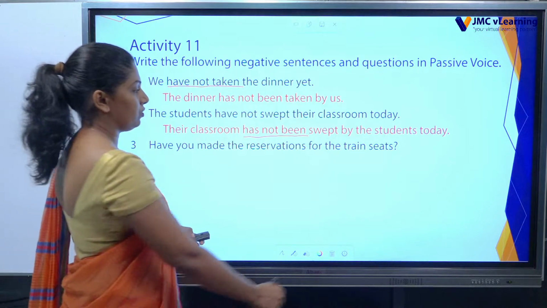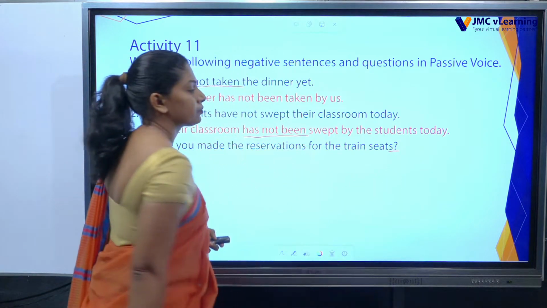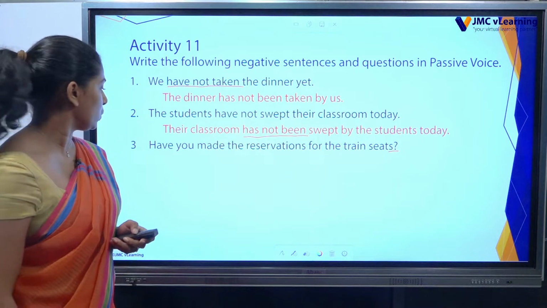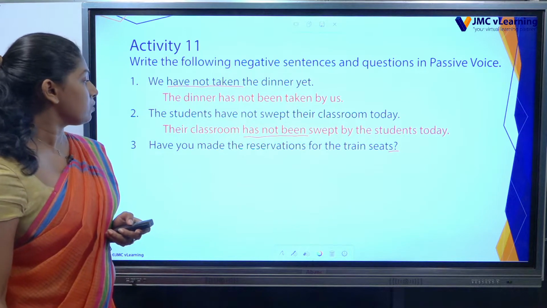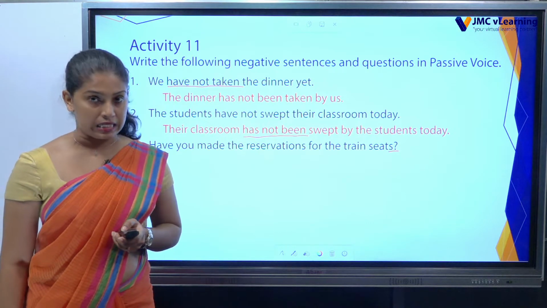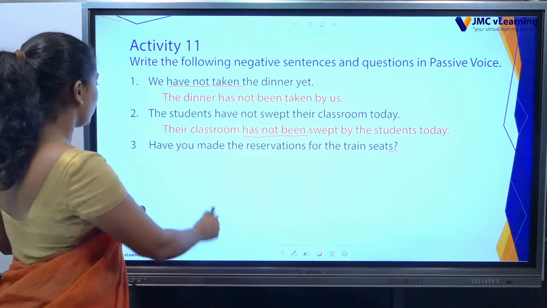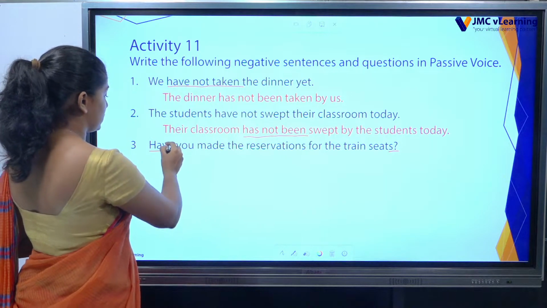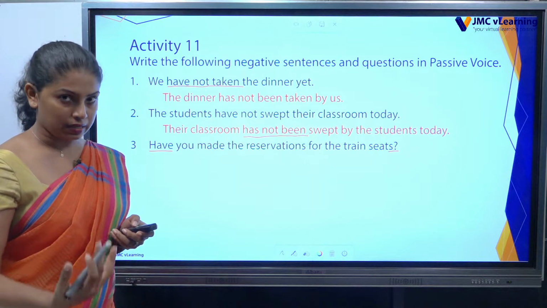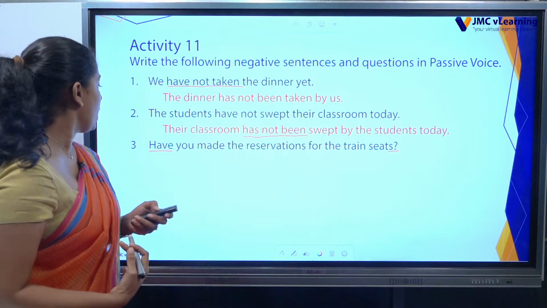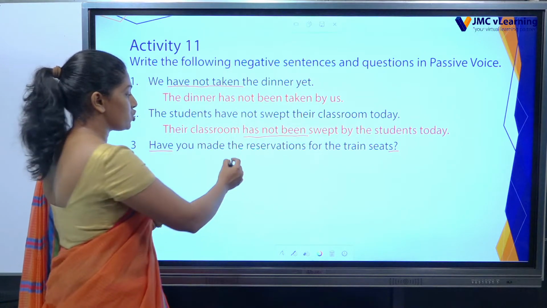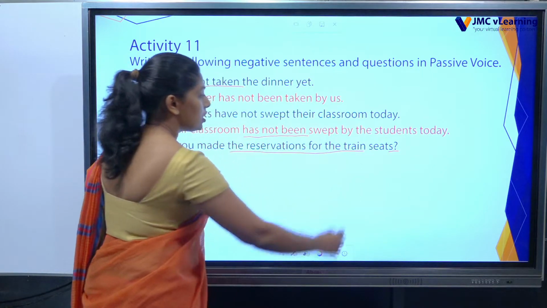Now this one, we can see a question. So, have you made the reservation for the train seats? Have you made? So, here we have to take has or have first, even though it is active voice. Have you made the reservation? The reservation for the train seat.